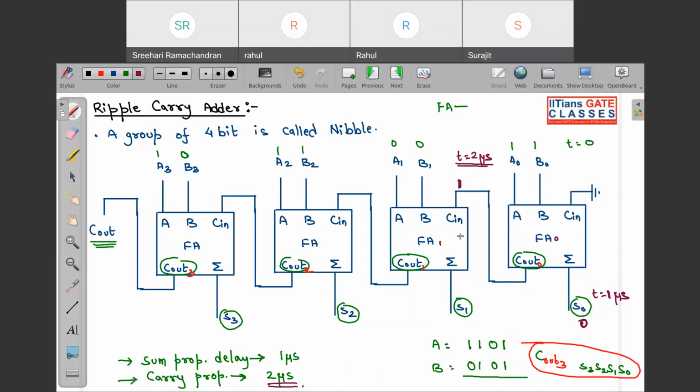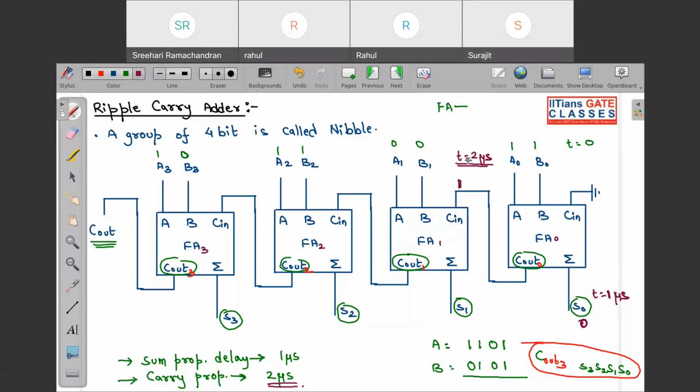So this full adder 1 is getting the complete input. These two inputs A1 and B1 were present at t equal to 0, but it was waiting for the Cin, which came from FA0. So it came to this full adder 1 at t equal to 2 microsecond.